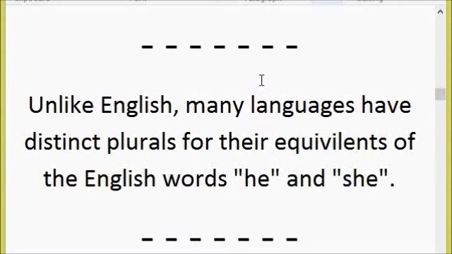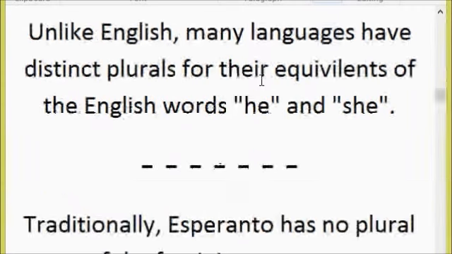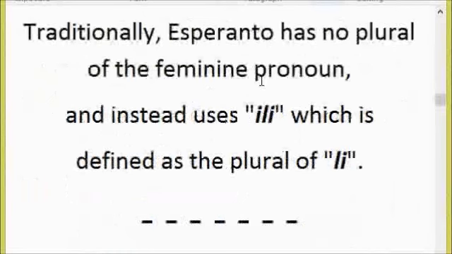Unlike English, many languages have distinct plurals for their equivalents of the English words he and she. Traditionally, Esperanto has no plural of the feminine pronoun, and instead uses ili, which is defined as the plural of li.